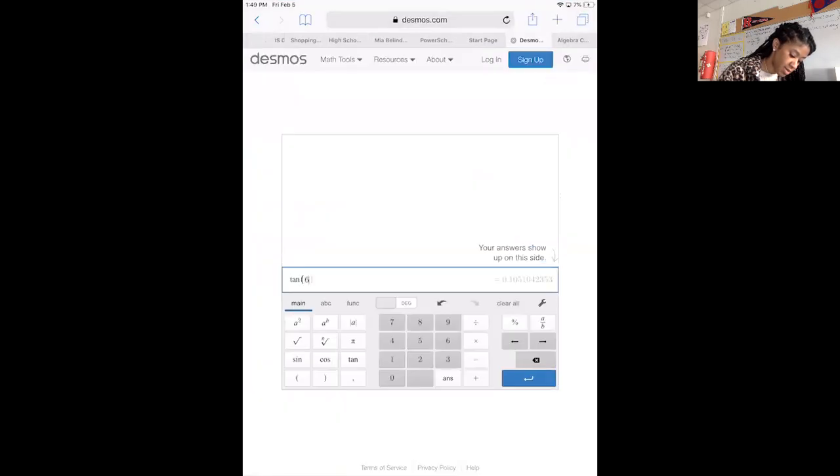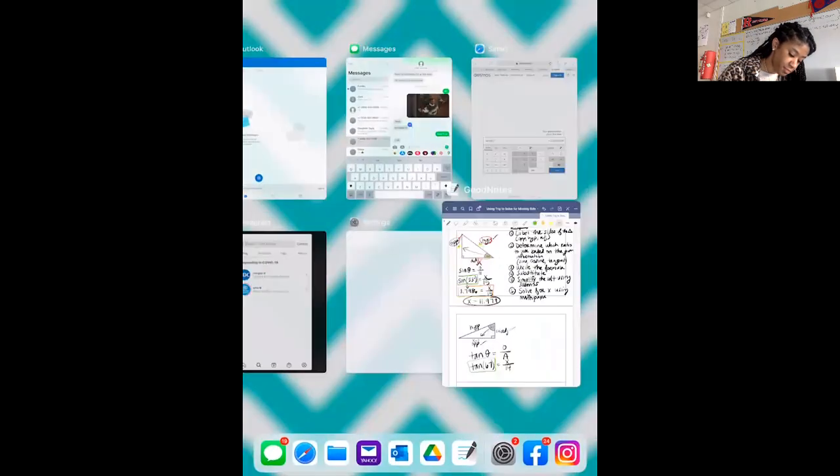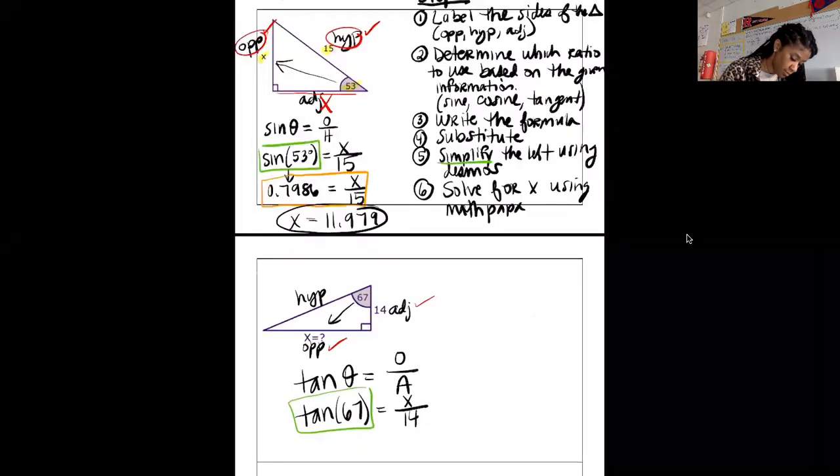So tan 67 degrees equals 2.3558. Bring down the right side, x over 14.